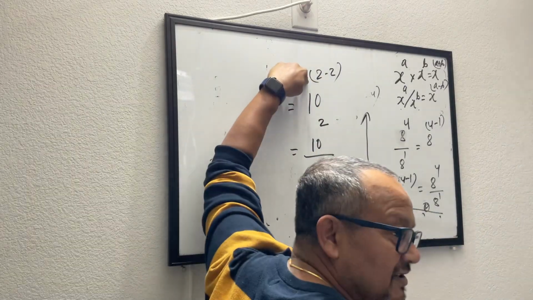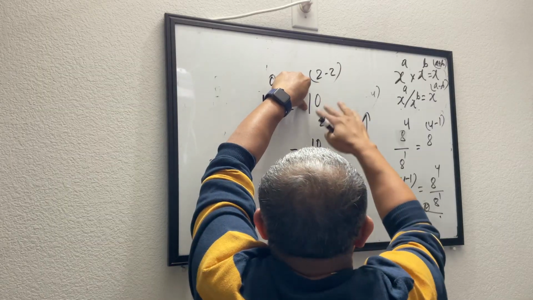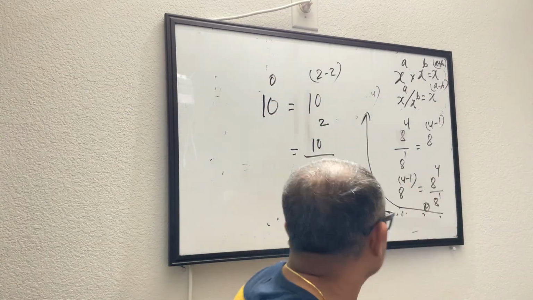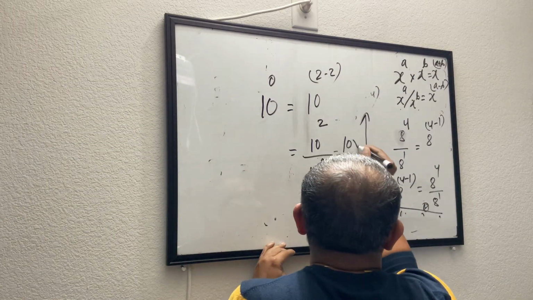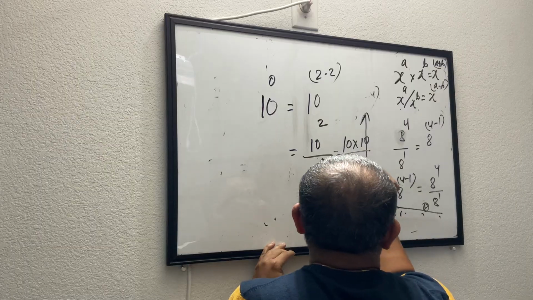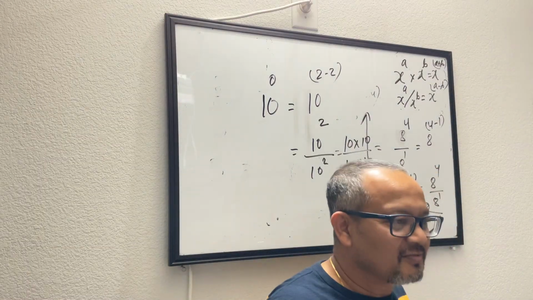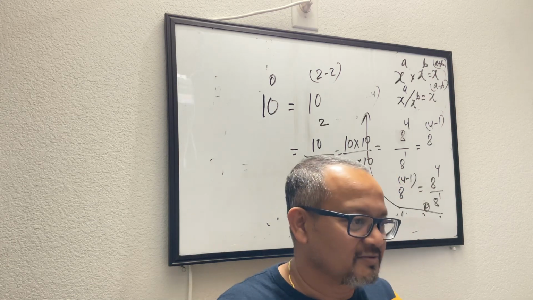Something to power 0, you can write as 2 minus 2 or 1 minus 1 or 5 minus 5, whatever you like. Now 10 to the power 2 divided by 10 to the power 2, that is 10 into 10 by 10 into 10. What will you get out of it? 1. That's the reason for any number to the power 0 as well.